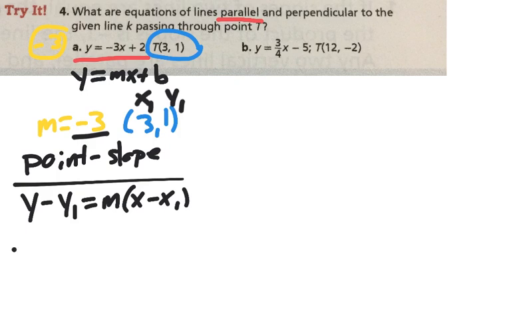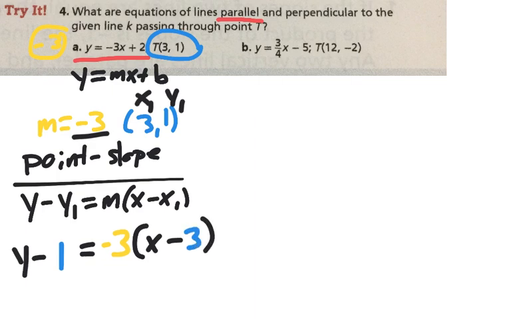So when I plug in, I'm going to go y minus y1, which was 1, equals m, which is -3, times x minus x1, which is 3. Everybody see where I got those numbers from? I tried to color coordinate it for you. You kind of see where I'm plugging in and what's going on.